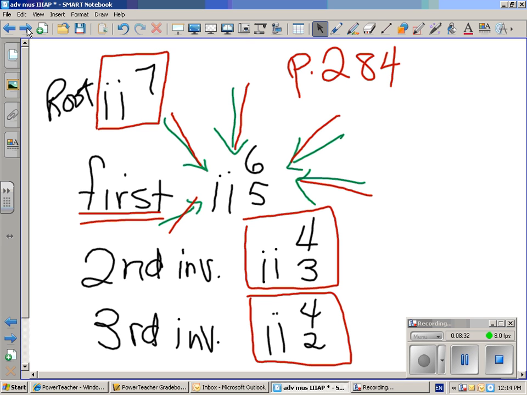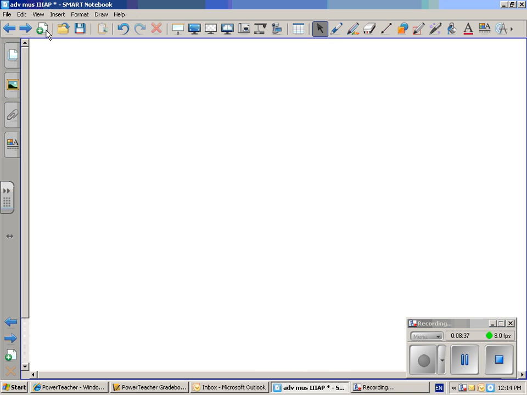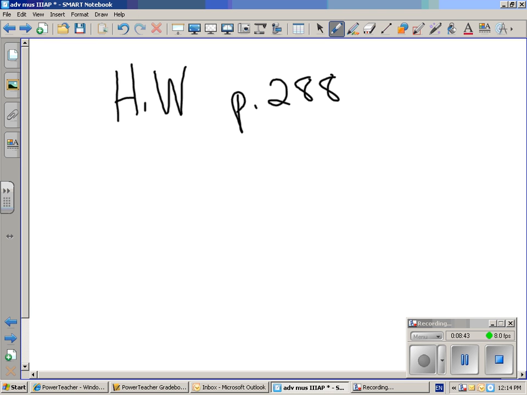The homework for today is page 288. Numbers 1 through 4.